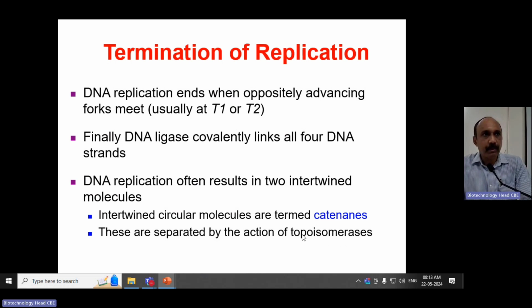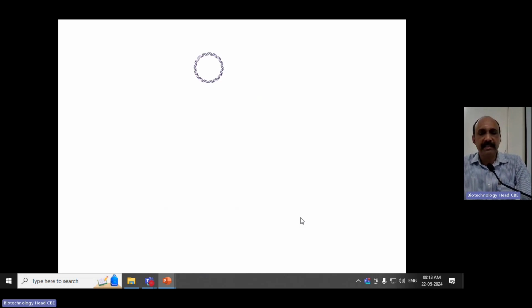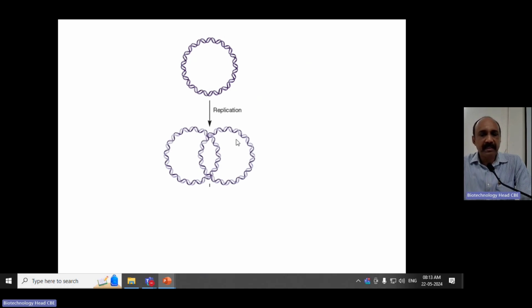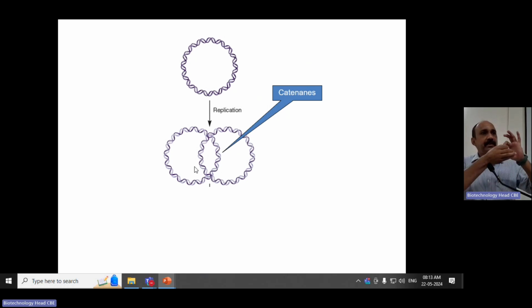Topoisomerases not only release the stress, but also release the replicated 2 catenanes. For example, you have the DNA, the chromosome, which replicates into 2 different ones. These are still attached, and this is called catenanes.